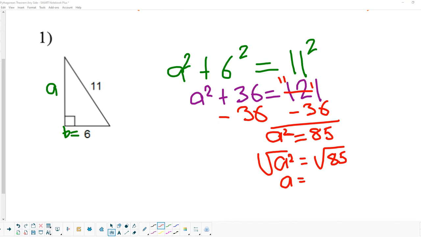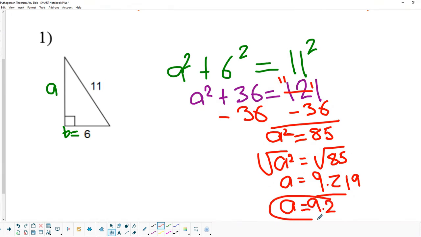I got 85, then take the square root, and I get a nice big decimal, 9.219, and it goes on and on. So I'm going to round to the nearest tenth right here. That gives me a equals 9.2. And then whatever the units are, if there happen to be feet or inches, it depends on the problem you're given, right?